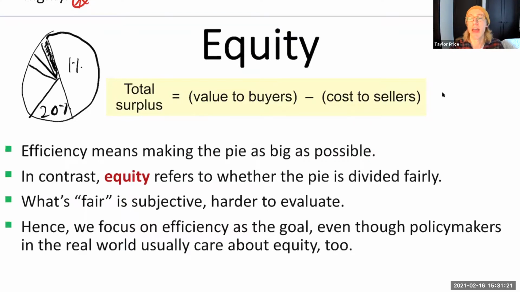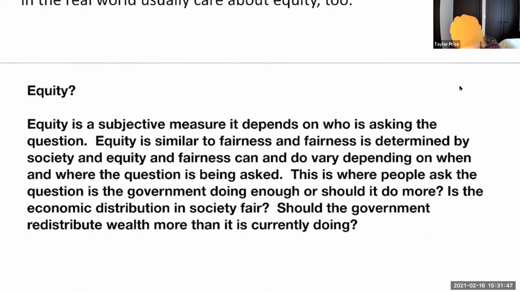And equity, and this is a really important point, there is not one way to measure equity. Equity cannot be measured in a specific way. It kind of depends on who is asking the question, if something is equitable. So there's not really going to be a specific way to look at it.